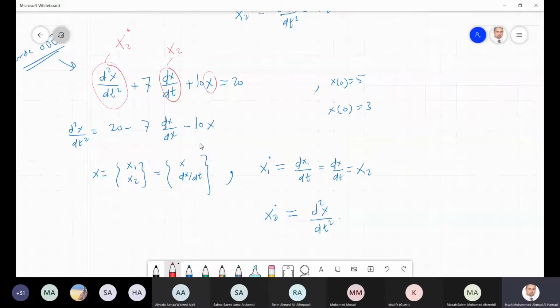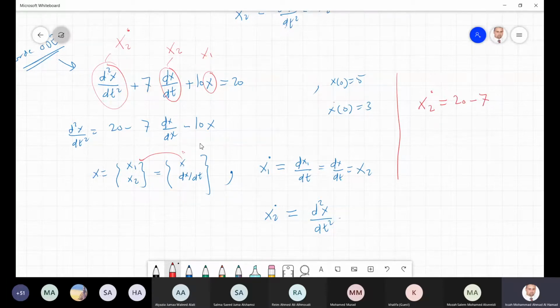And x, what is x? X is here, so x can be written as x1. So I can write this as x2 dot equals 20 minus 7 multiplied by x2 minus 10x1.